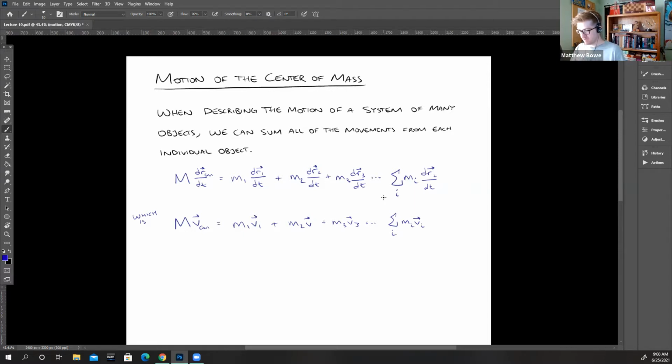Since there is this velocity, maybe there could also be a change in velocity as time goes on. That leads me to realizing it's the same as finding the acceleration.